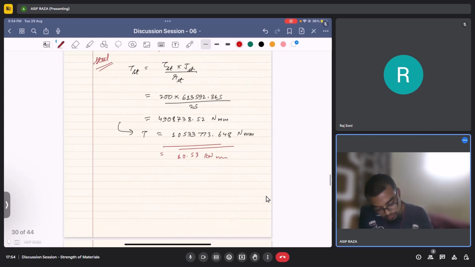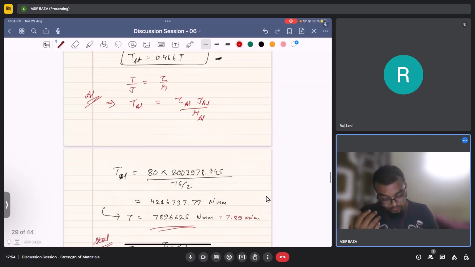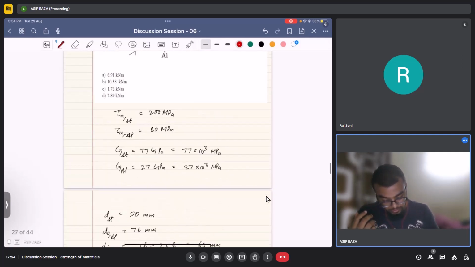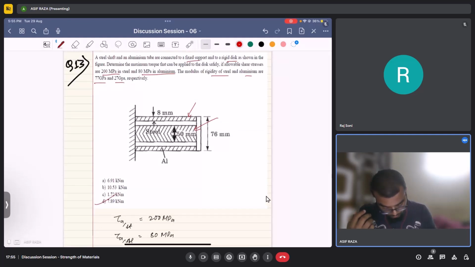But if you want to sustain this system, it will be the lesser of these two. So the design torque of the complete system would be 7.89 kilonewton meter. So this is the answer. It's quite a lengthy question, so please go through it carefully.